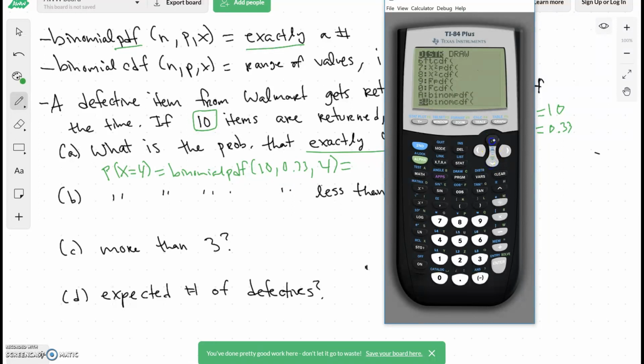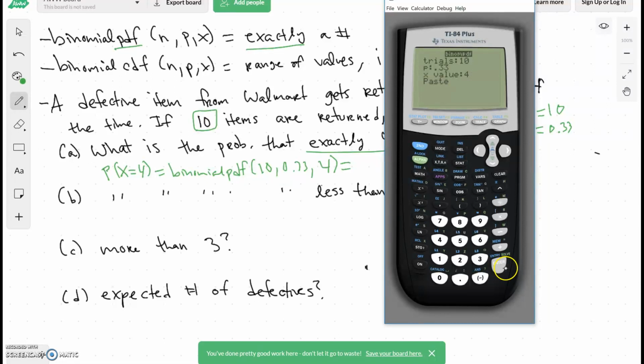So here it is. Binomial PDF, enter. Number of trials is 10, probability is 0.33, and the x value is 4. For those that don't have the stats wizard, you would just copy it just like I did right here.